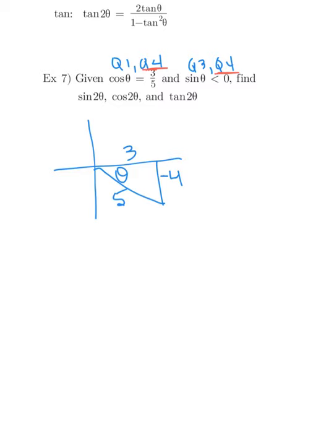Now that we have our figure set up, we are going to use our formulas. The sine of 2 theta equals 2 sine of theta cosine theta. So we're going to keep the 2 on the front. Now we're going to look at this angle theta that we just created.